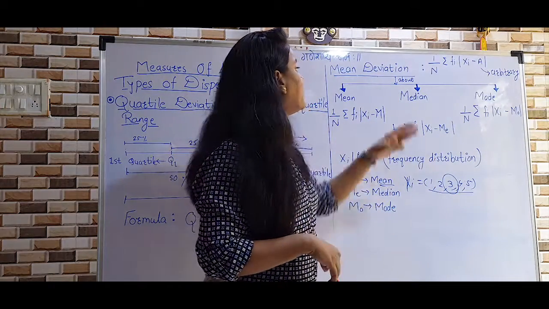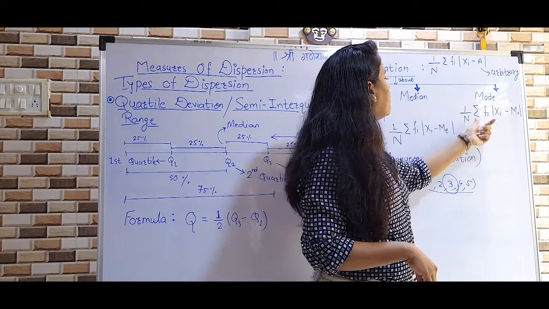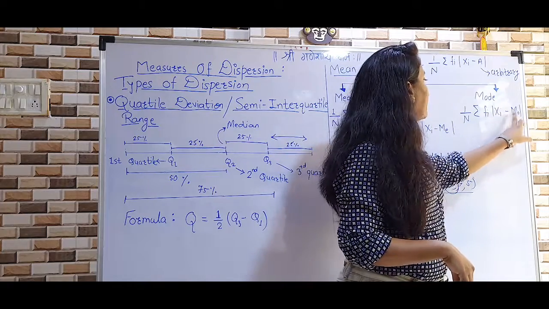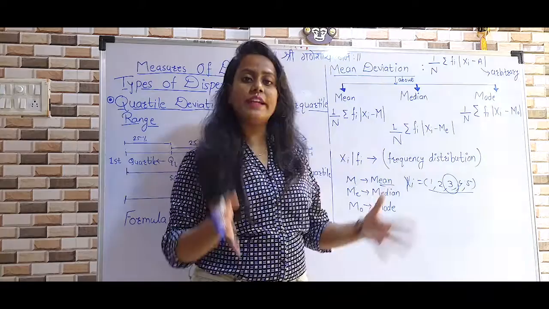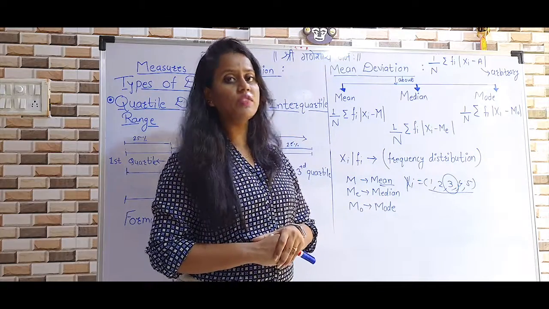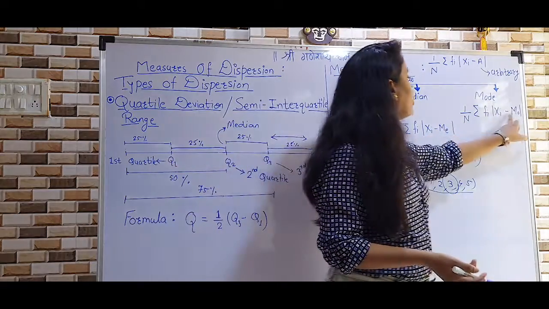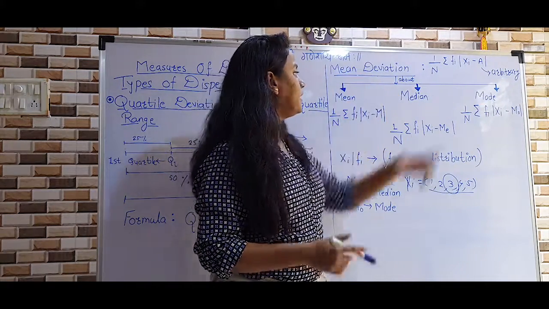And the third is mean deviation about mode, which is 1/n summation of fi times modulus of (xi minus Mo). Mo is nothing but our modal value. Whatever the data given to us, we calculate the mode value and take the deviations from the mode. So this is our mean deviation about mean, median and mode.